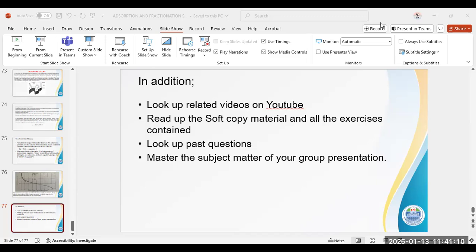Okay, and then chapter 17 of your Richardson and Coulson, the one we are making use of for this class. Has anyone tried to look up the exercises therein in chapter 17?